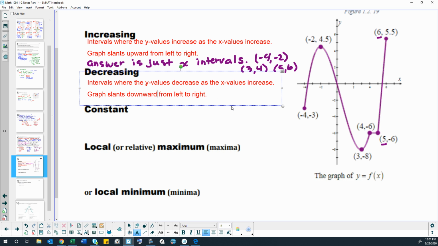So I'll let you take a second to write down whatever of that you want to. And meanwhile, look at the graph and see if you can find any intervals where this graph is decreasing.